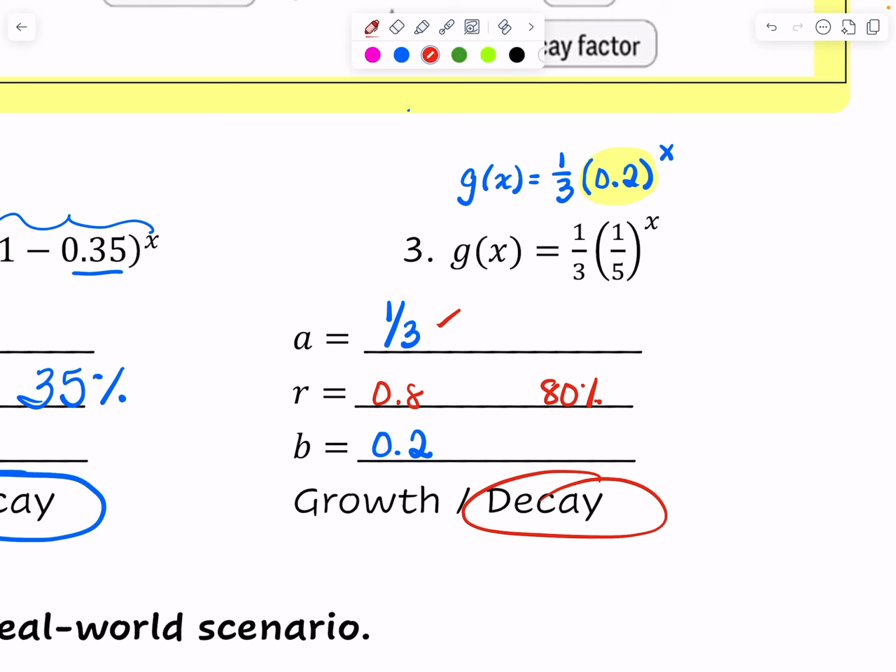I was given B. And now I take B minus 1 to find R. So 0.2 minus 1 equals negative 0.8.